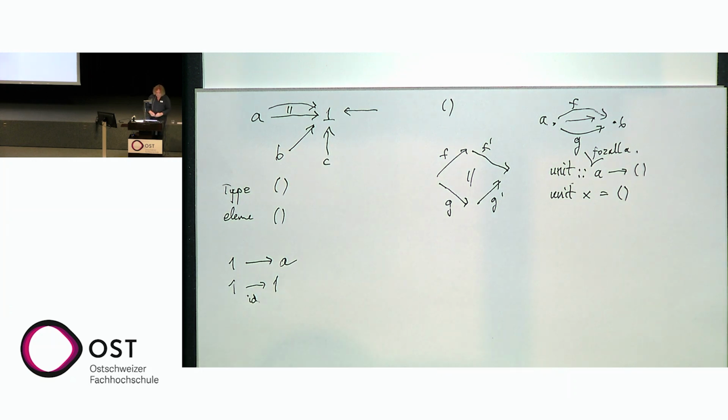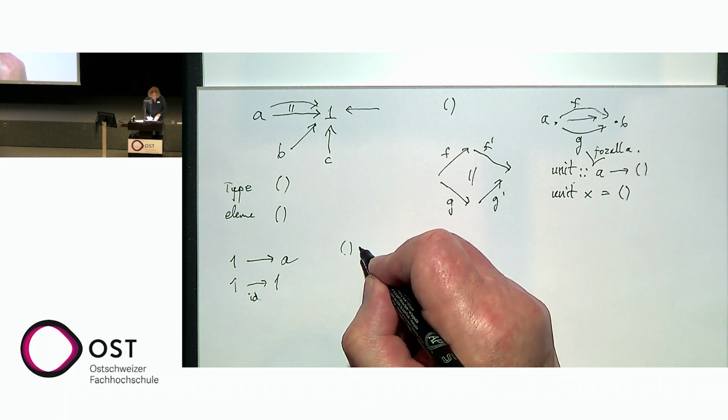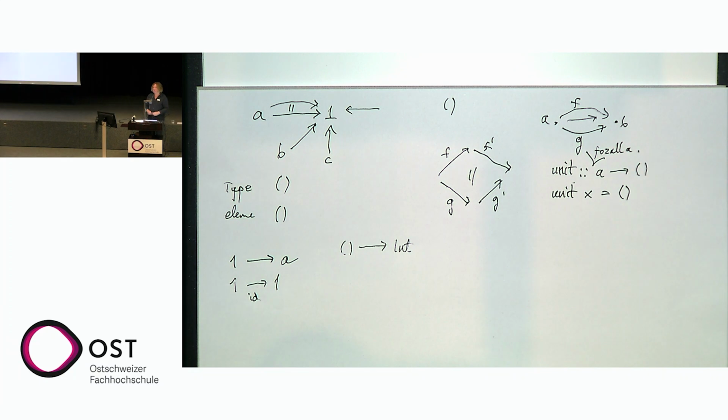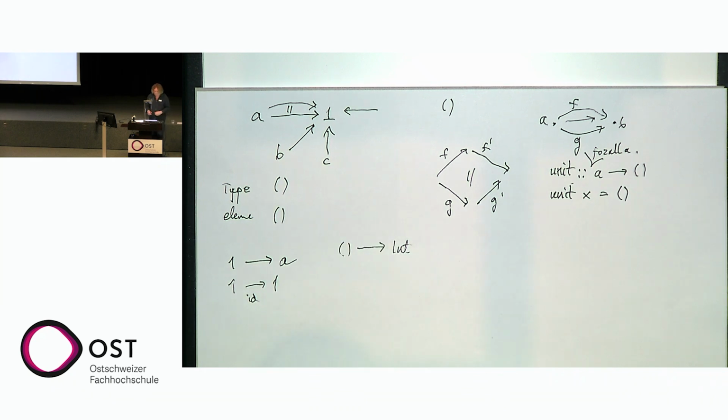But in general, if you want a function from unit to, let's say, int, how many functions like this do we have? As many as the type int has inhabitants. Exactly. So for every integer, there will be an arrow coming from unit.